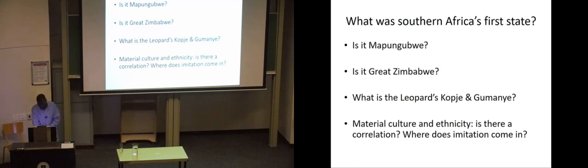And where does imitation come in, where you just copy and do things like what the other group is doing? Just because the people at Mapela are behaving exactly the same as the ones at Mapungubwe on the basis of material evidence, does that mean that they are the same group of people?